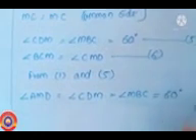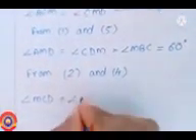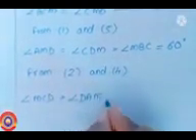And then from equation 2 and 4, we can write it as angle MCD is equal to angle DAM is equal to angle BMC, which is equal to 40 degree.